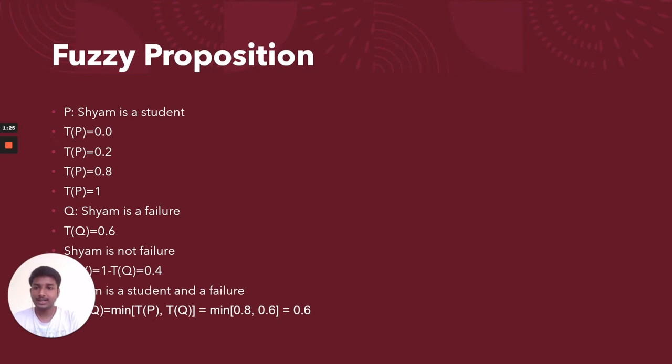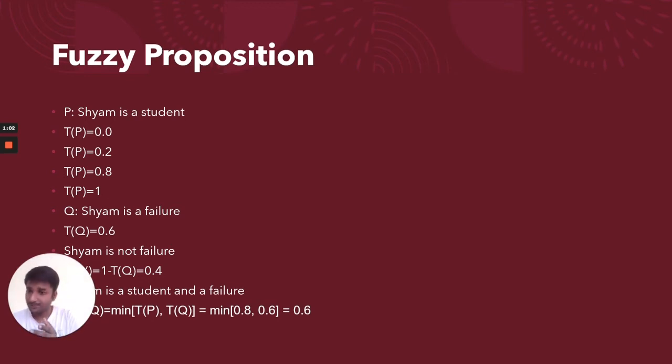Okay, and next, this is fuzzy proposition. I said, right, what is a proposition? A statement which has true or false values. Let's see, Sham is a student.